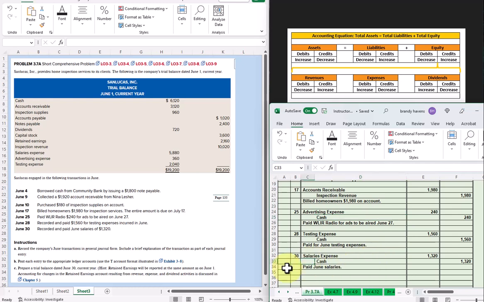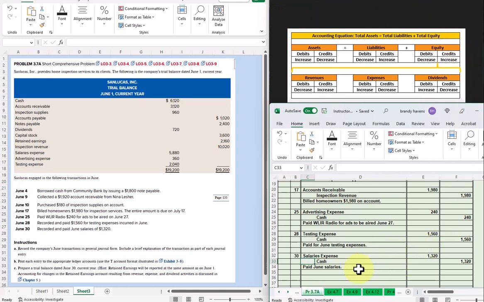Okay, and this is the same approach that you'll always use to journalize transactions. It will get much easier as you go once you master the rules of debits and credits. But until you have those rules mastered, just keep a little chart like this handy, a little cheat sheet, if you will, that you can use when you're posting and journalizing transactions.